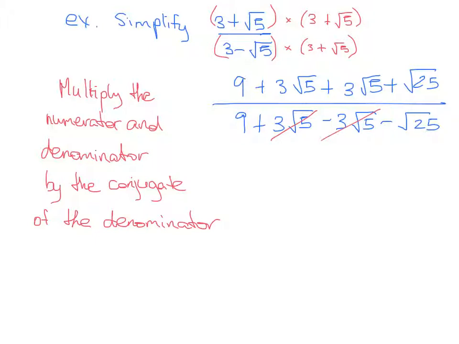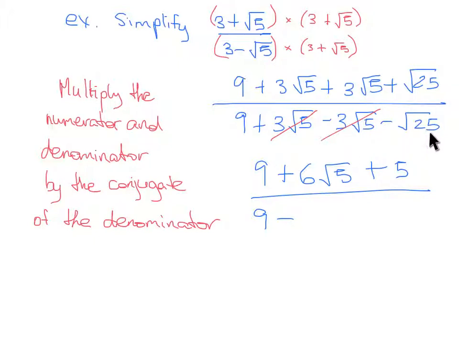Okay, so at the top we have 9 plus, like radicals here, we have 6 root 5 plus the square root of 25 is actually just 5. So we have that over 9 minus, and we have root 25 here again, which we know is 5.